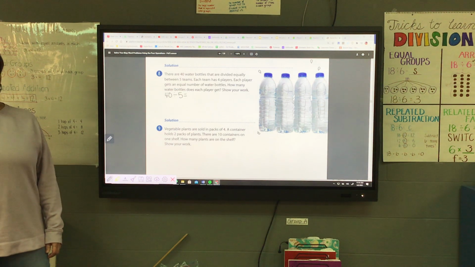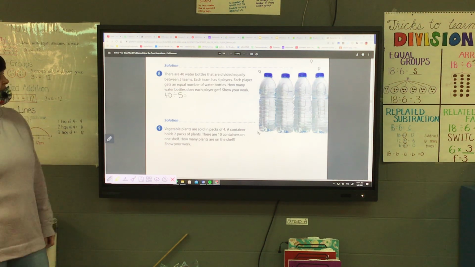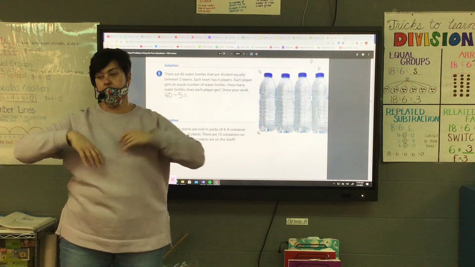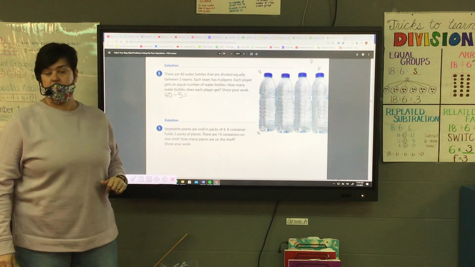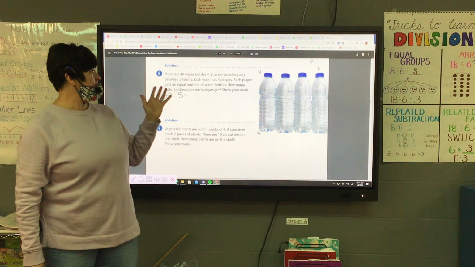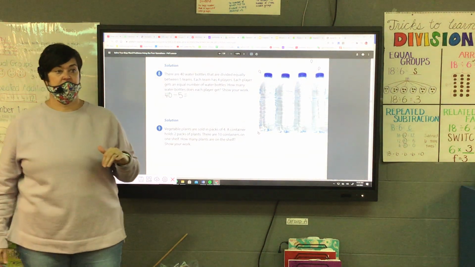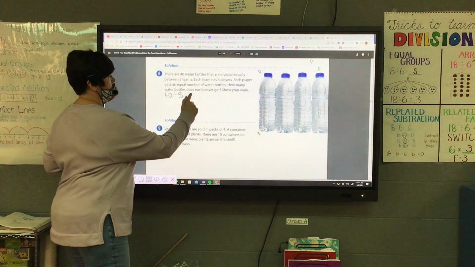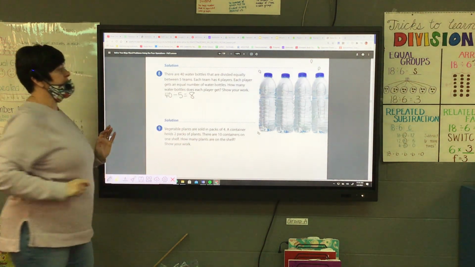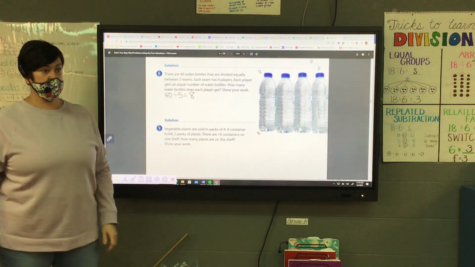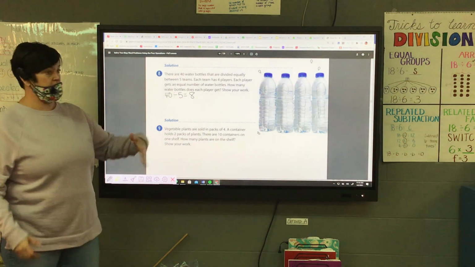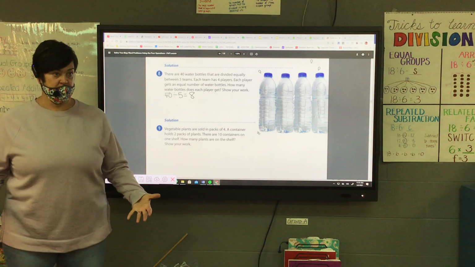All right, did you figure that out? So if you have those 40 water bottles and you split them up among the 5 teams, how many water bottles will each team get? What did you come up with, everyone? 8. So each team is going to get 8 water bottles. But that's not what we need to find out, is it?